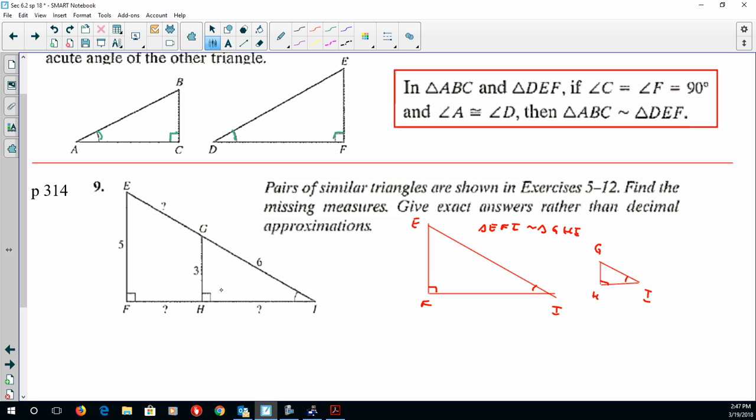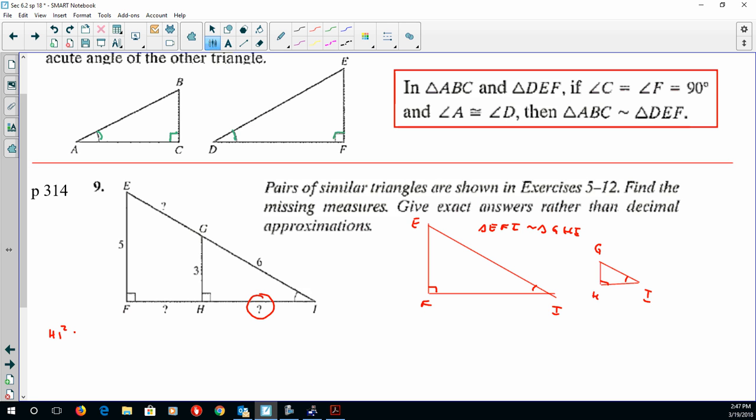This question mark down here, HI, I could have done that without doing anything about similar triangles, because it just happens to be a right triangle down here. So let's do this. HI is a leg of a triangle. 3 is the other leg of the triangle.